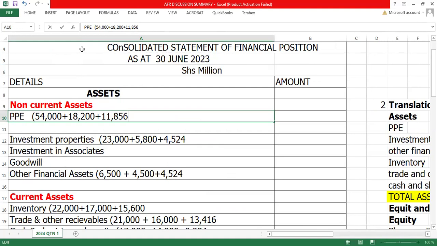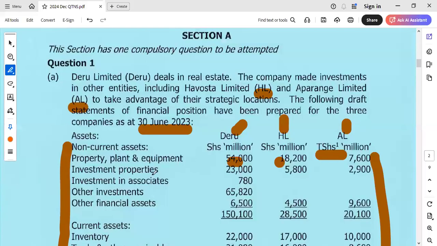Then, of course, you'll be following your template. Investment property, then investment in associate, you first leave this one. This one is only for Dero.